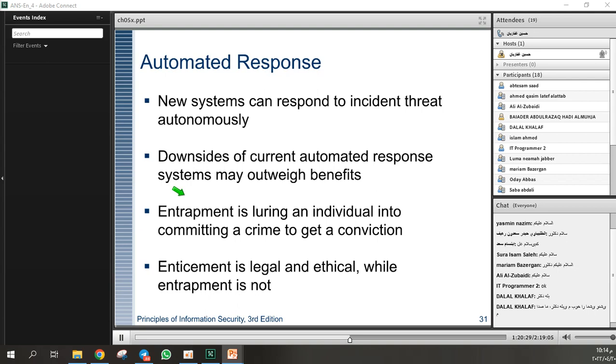Those systems can be used, maybe they can be used for entrapment. Entrapment means that somebody is doing something hidden, but nothing happens yet.